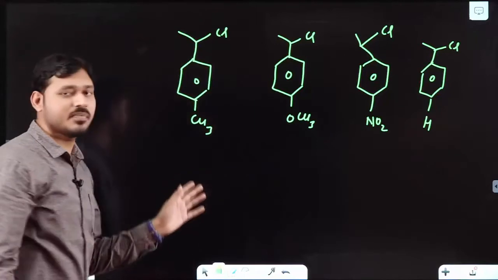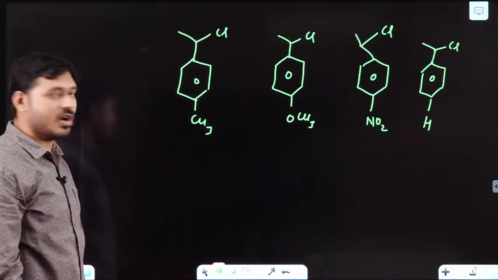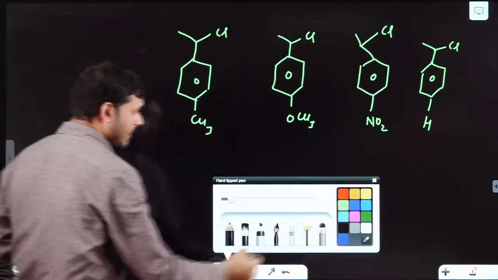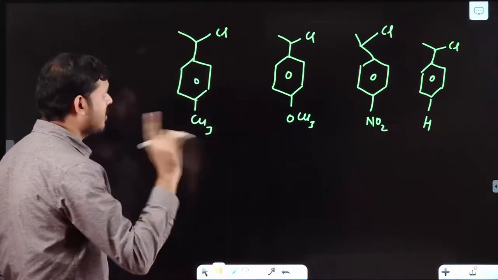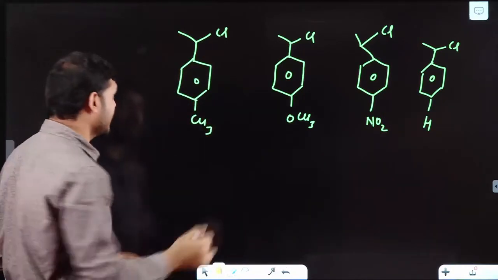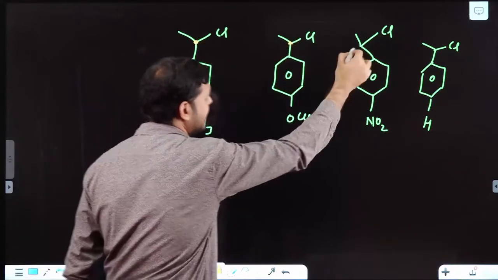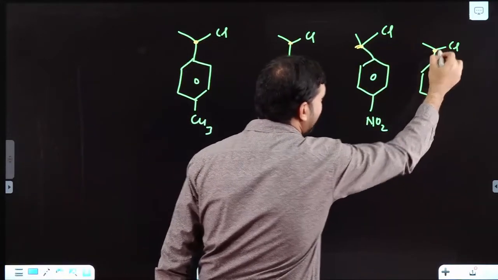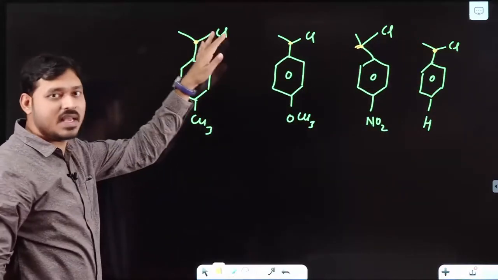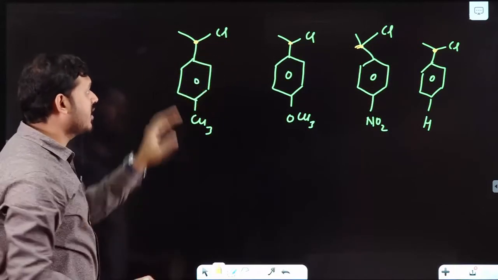Now in these 4 cases, you have to find the order of rate of SN1. See, never consider the common factors. Here also, this will be plus charge, this will be plus charge, same. In all the cases, the carbocation part on the upper side is same. Now the leaving group is same.